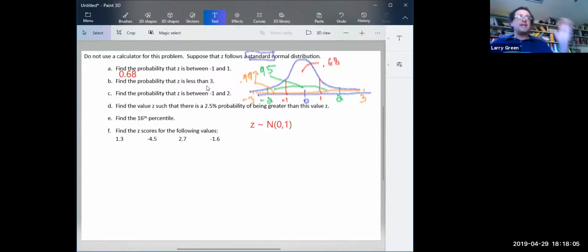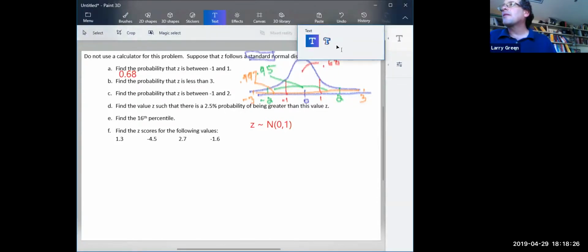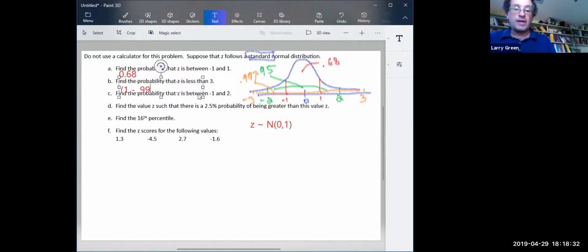If between -3 and 3 is 0.997, then outside is going to be 1 minus 0.997. That's the rule of complements. So the first thing is I'm going to look at outside, and I'm going to have 1 minus 0.997.